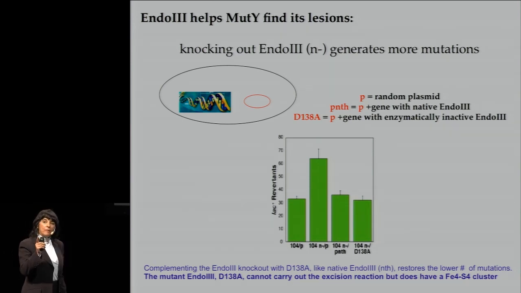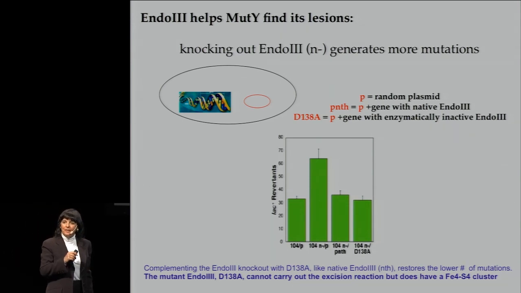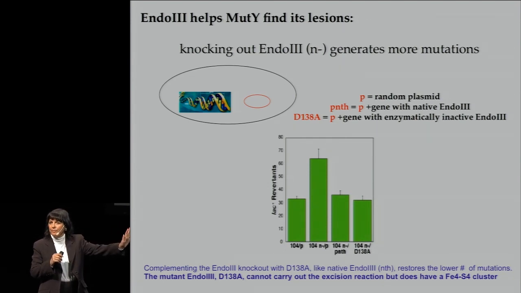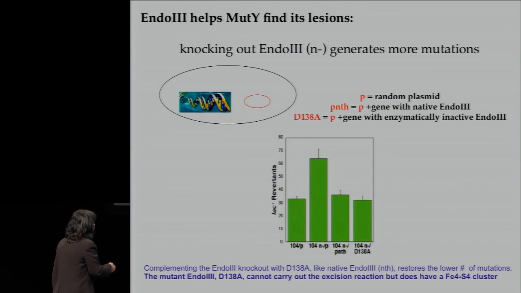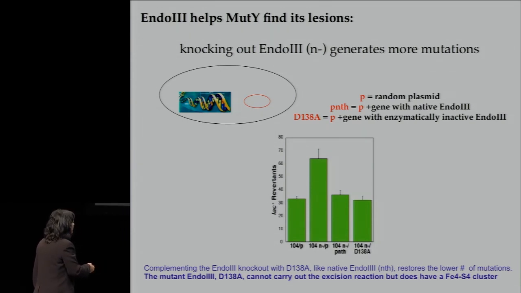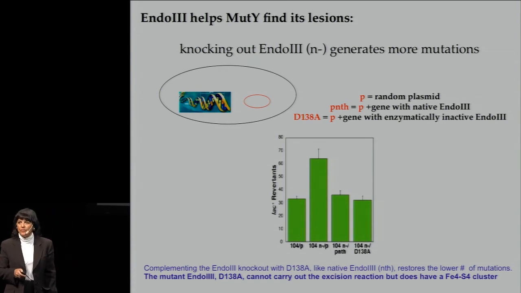But you could also add back in a mutant of endo-3 which can't do the endo-3 reaction, but it can do electron transfer, because you want to see, is endo-3 fixing mut-Y lesions? Well, it turns out when you add that back in, you also restore the revertant count. So even though endo-3 in this mutation isn't working enzymatically, it's still able to transfer electrons.